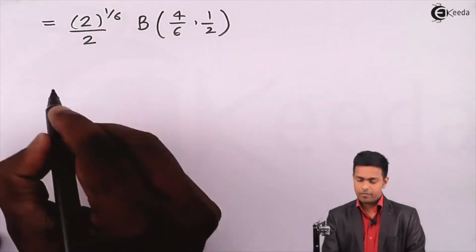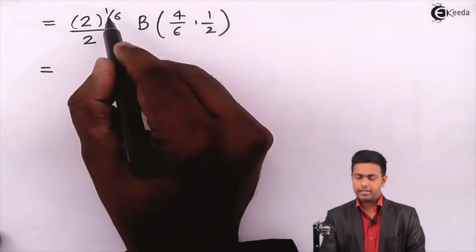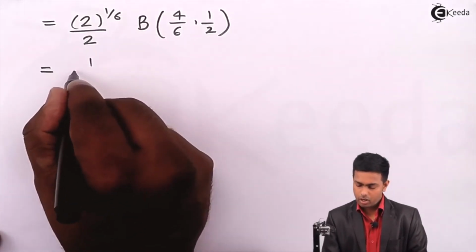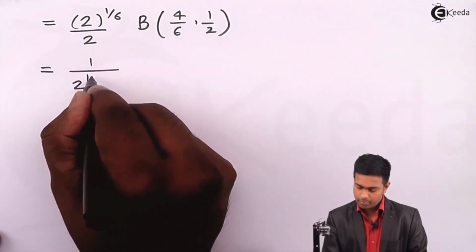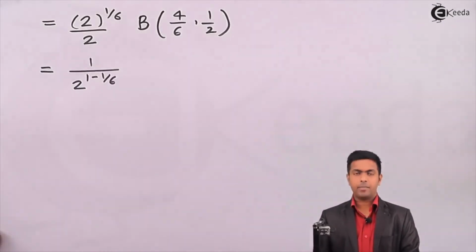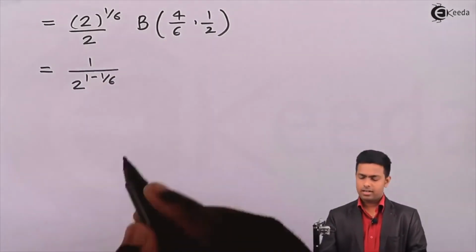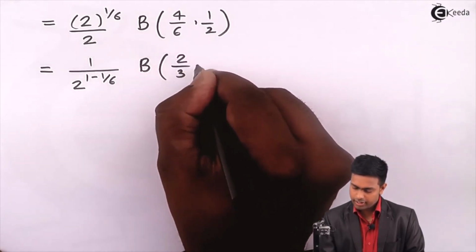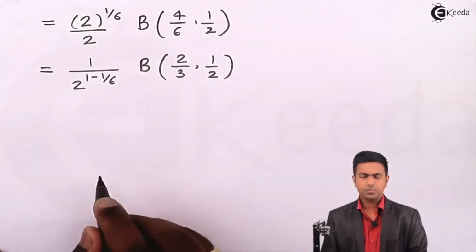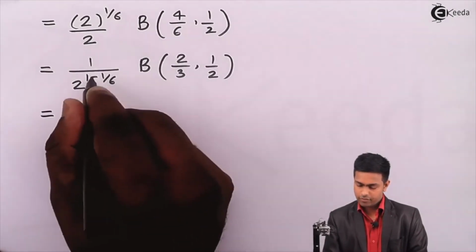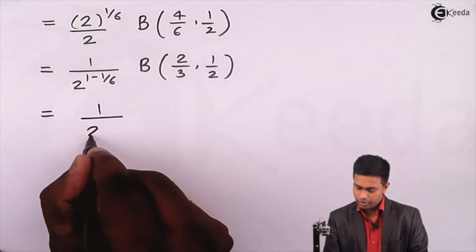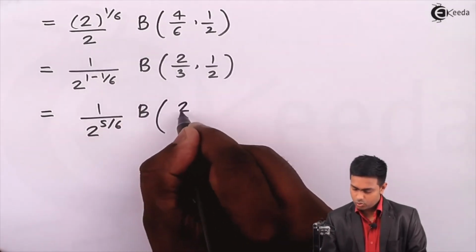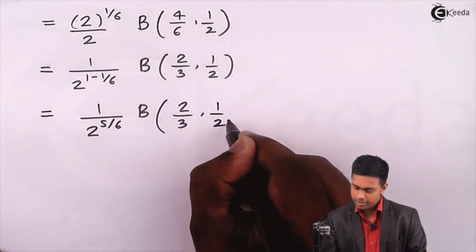We can further simplify this by taking this 1 by 6 down, and that will become 1 upon 2 raised to 1 minus 1 by 6. Here I am applying the law of indices formula. This will become beta of 2 upon 3 comma 1 by 2. So if we solve this, we will get 1 upon 2 raised to 5 upon 6 into beta of 2 upon 3 comma 1 by 2.